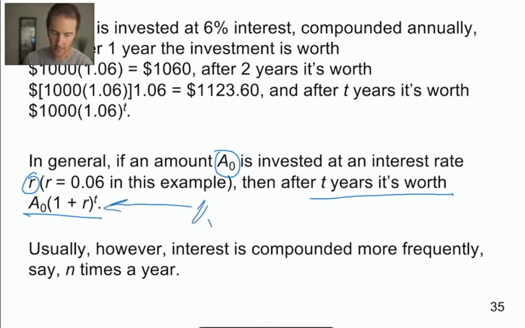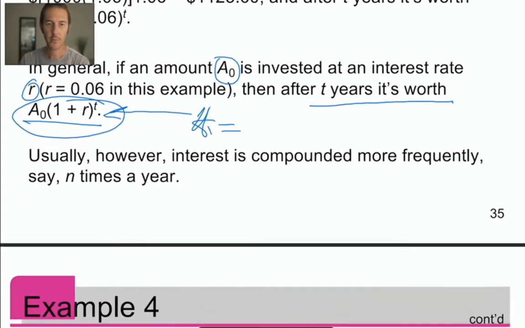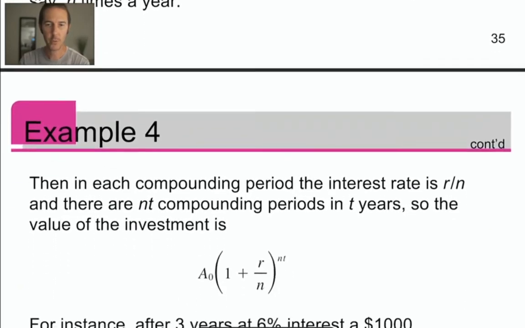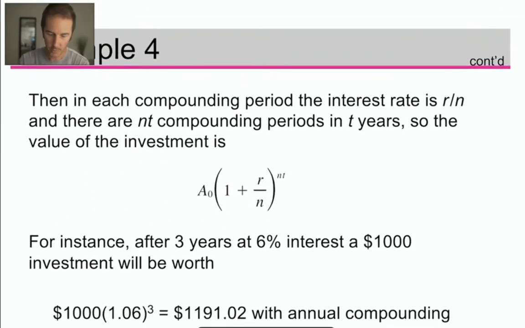Capital A equals this. That's the formula for compound interest, or your final value after compounding your interest annually. Now, if you compound your interest more frequently than annually, you need to use this equation. Capital A, your final amount, equals A sub zero, your starting amount, times 1 plus your interest rate divided by the number of compoundings per year.